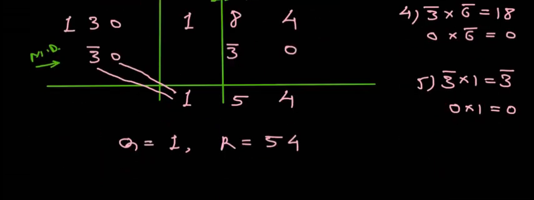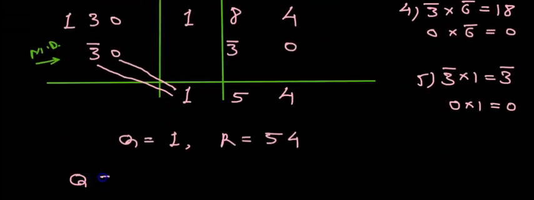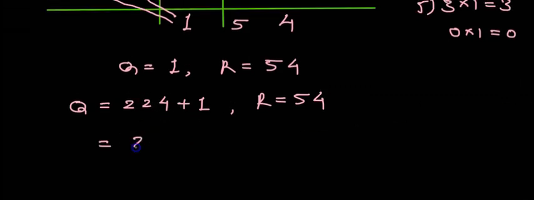So let us add. 224 is the previous quotient. 224 plus 1 is 225, and remainder is 54. Right? So friends, we have got the final answer. Quotient is 225 and remainder is 54.